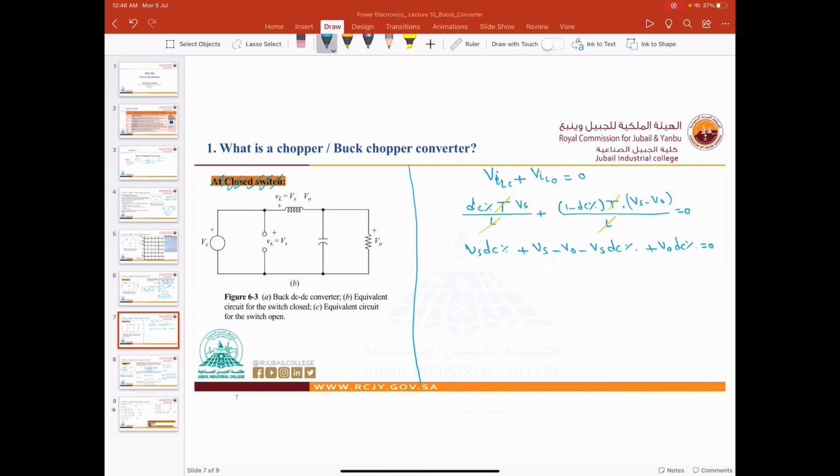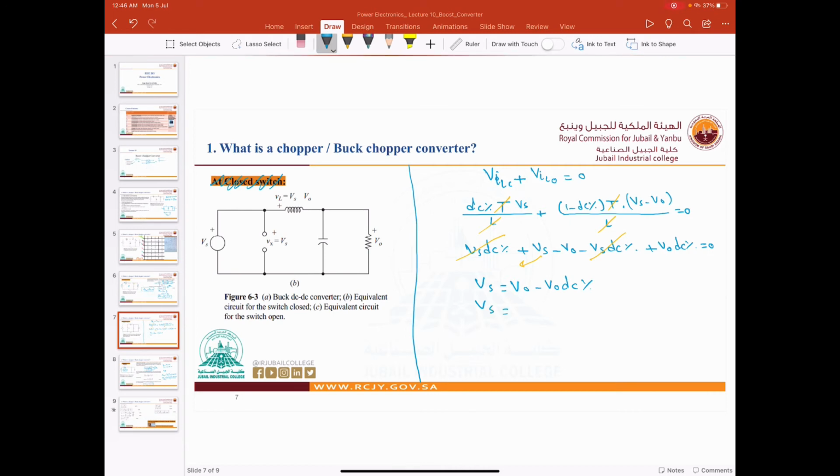Okay. Now, again, we have something to remove. We have minus Vs DC and plus Vs DC, right? Now, what is the rest? We can take the Vs out, guys. So Vs is equal to V out minus V out DC, or we can take the common factor.